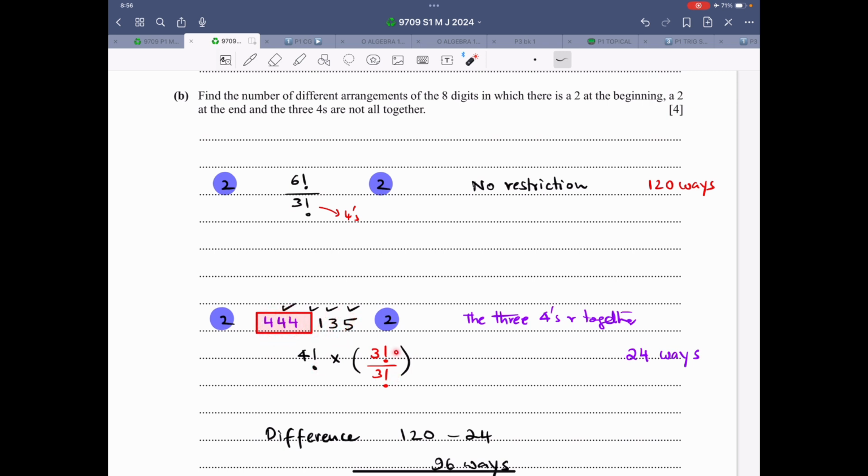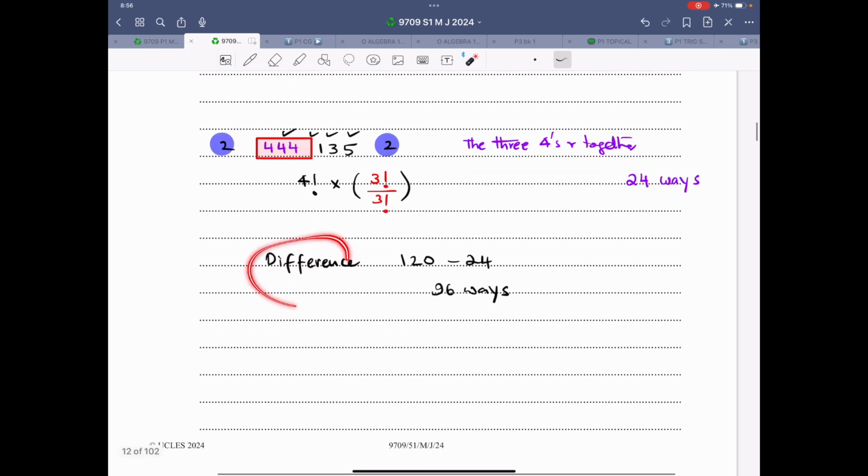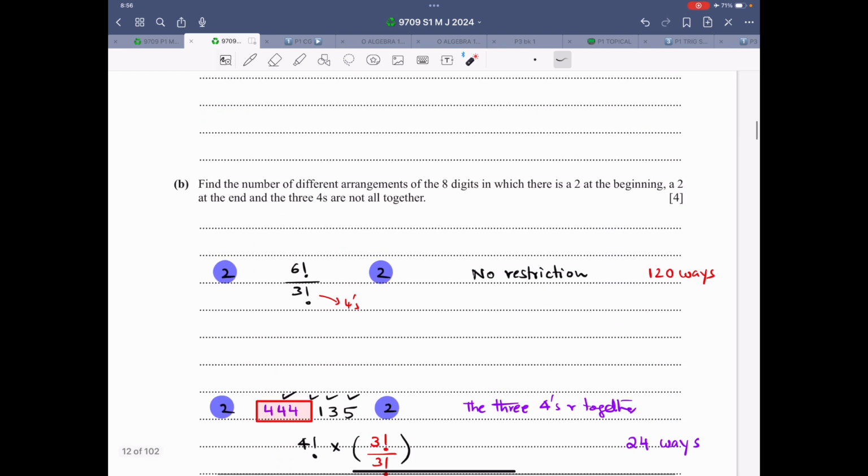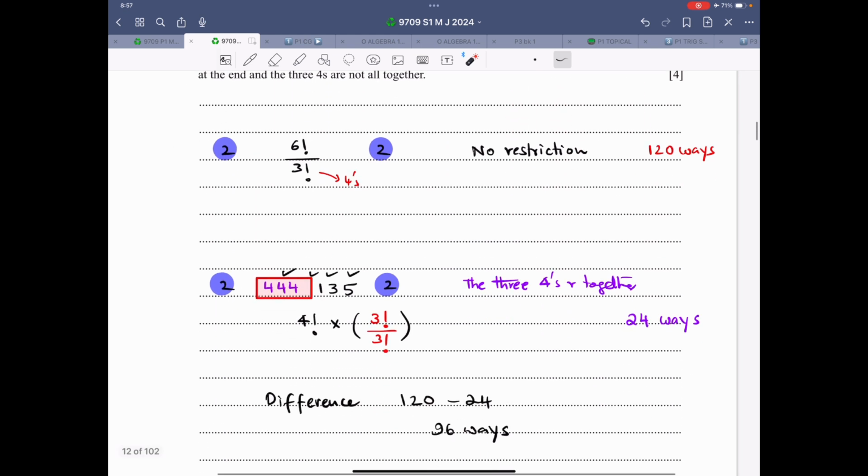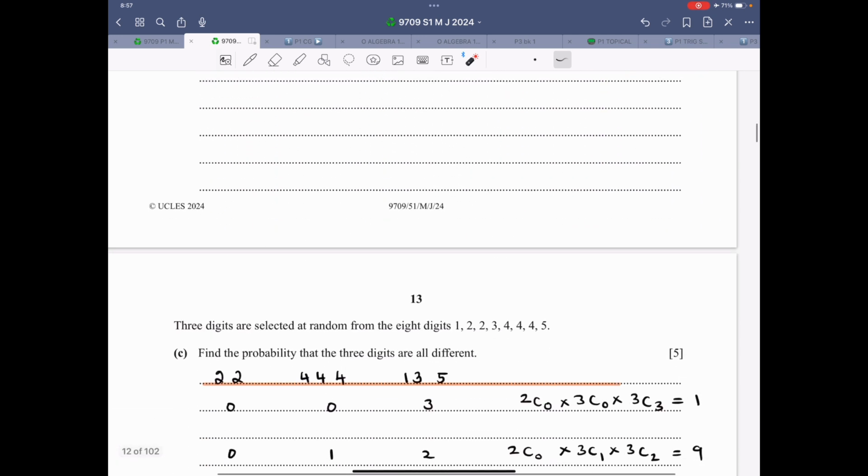There are 3 alphabets, 3 factorial, all 3 are identical, nothing is happening inside the box. This comes out to be 24. The difference is what we are looking for, not all together. 2 4s could be together and 1 4 is separate, or maybe all 4s are separate. We don't know. That is why what we do, no restriction, minus together will give us not all next to each other.